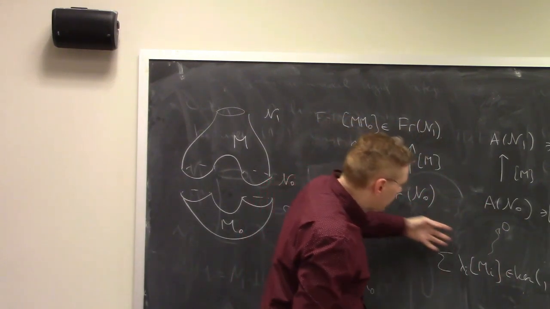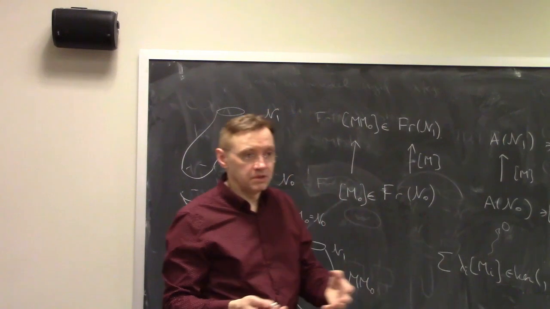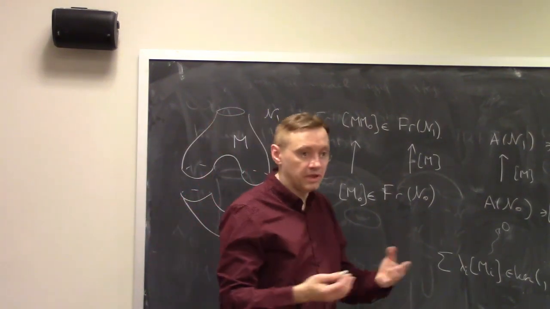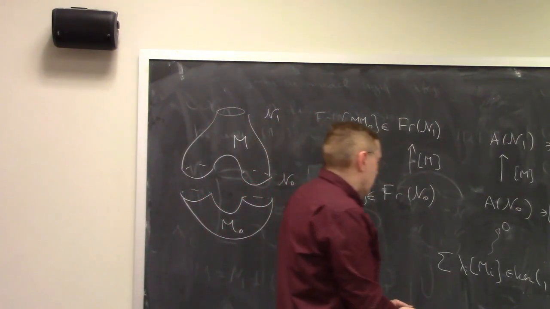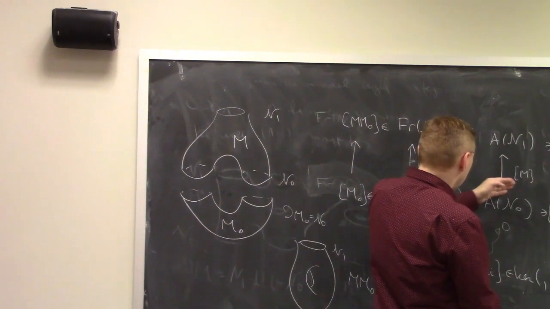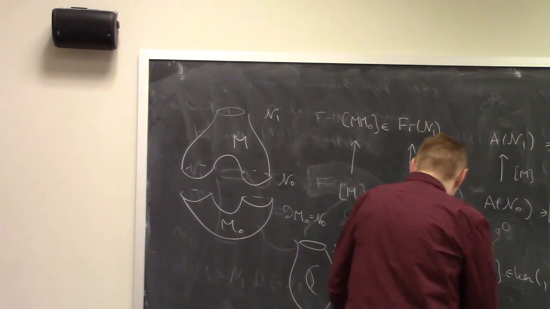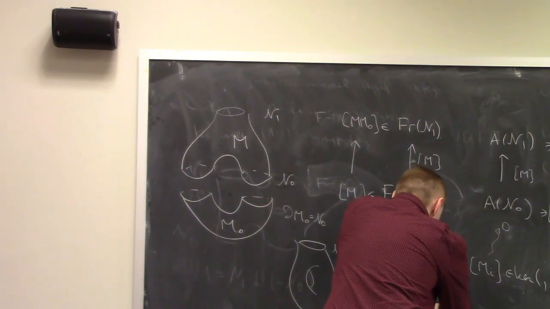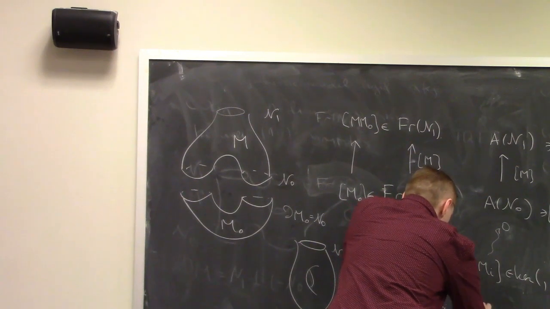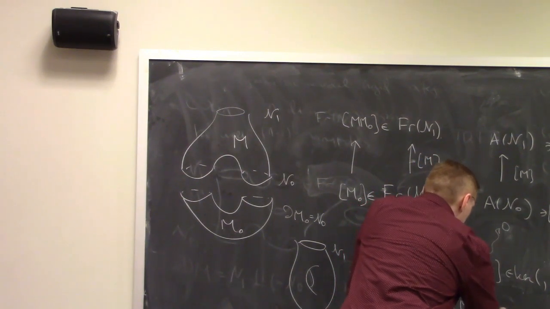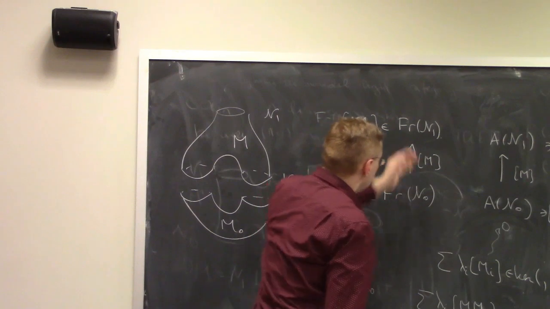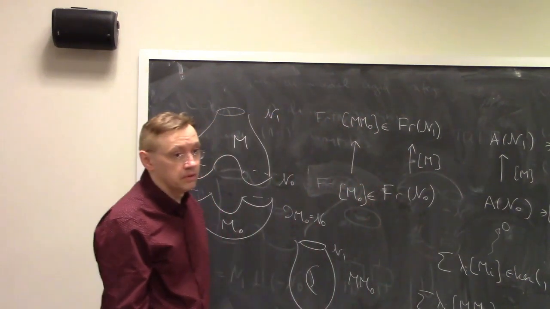Now, that means that no matter what you attach to it, take the sum, you get 0. Attach, evaluate using alpha, you get 0. Now, if you apply M to the sum, you're going to get some sum of lambda i, M_i, in the free space for N1.